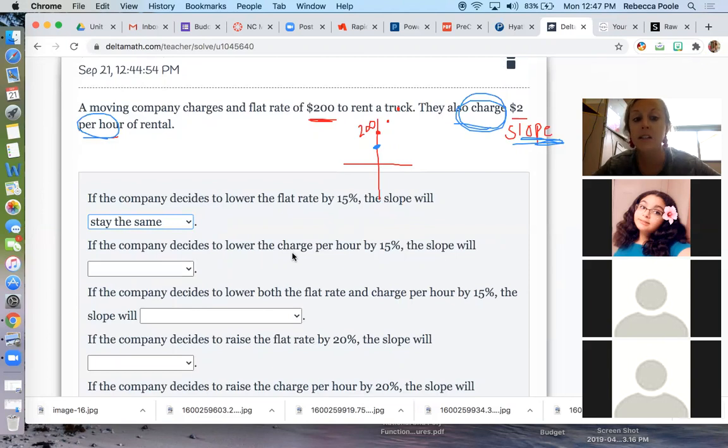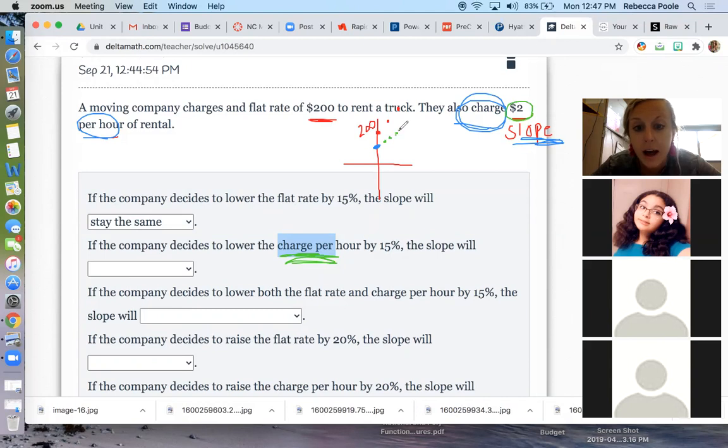If the company decides to lower the charge per hour, okay, let's look at this. Let's try this again. If I lower this number, so somebody pick a number smaller than 2. 1. Sure. If I lower that charge, that means now I'm going up 1 over 1, up 1 over 1, up 1 over 1.